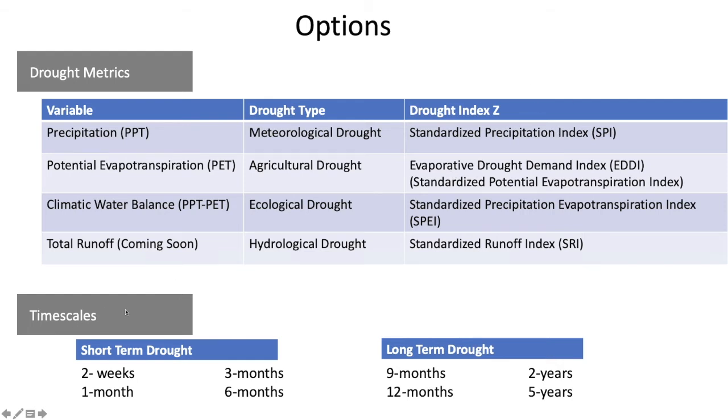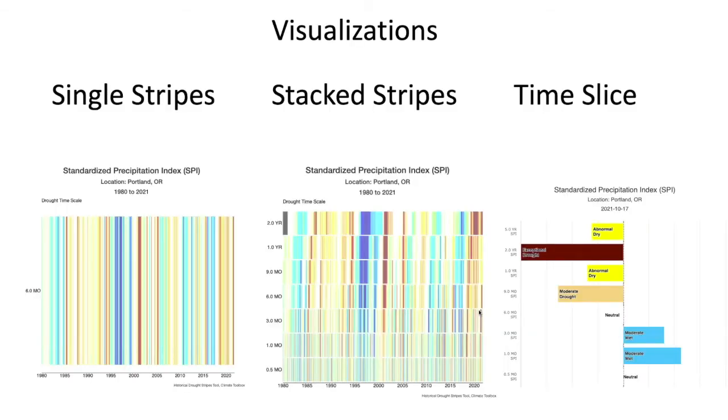For the timescales in the tool, you can choose from short-term drought timescales of 2 weeks, 1 month, 3 months, and 6 months, and long-term drought timescales of 9 months, 12 months, 2 years, and 5 years. And then in the tool, there are 3 things that you can generate.